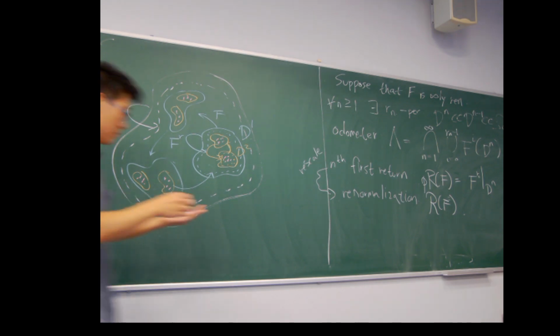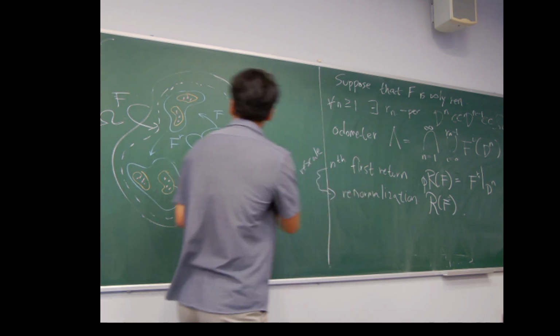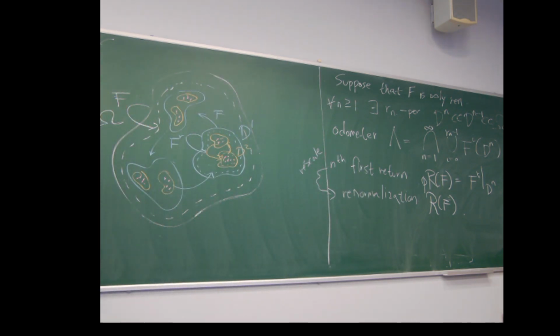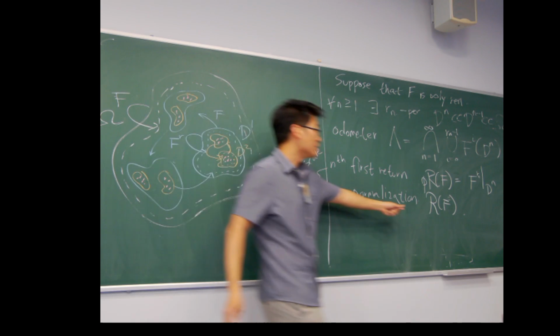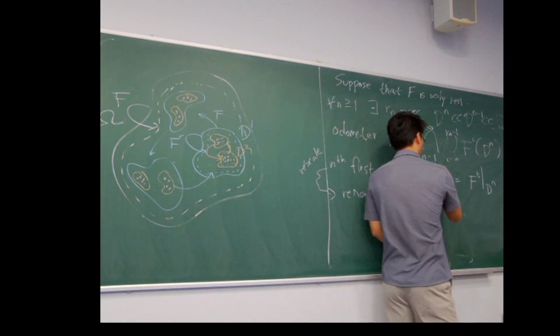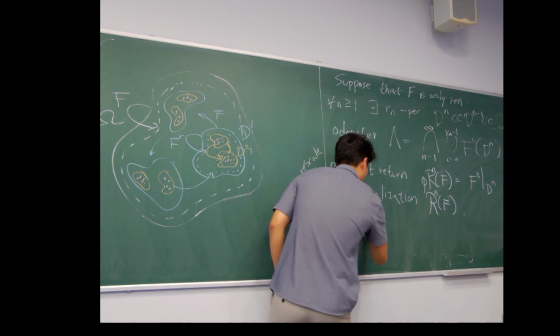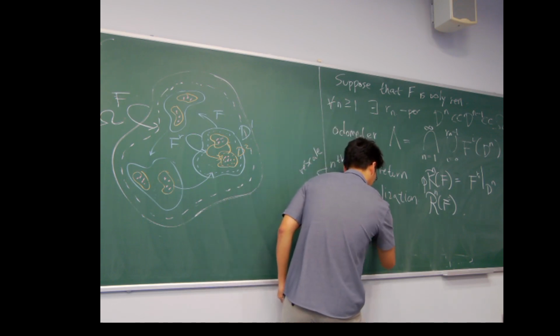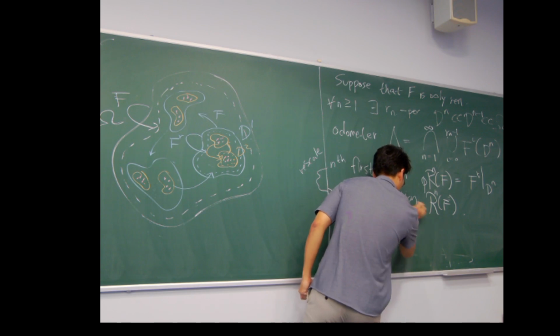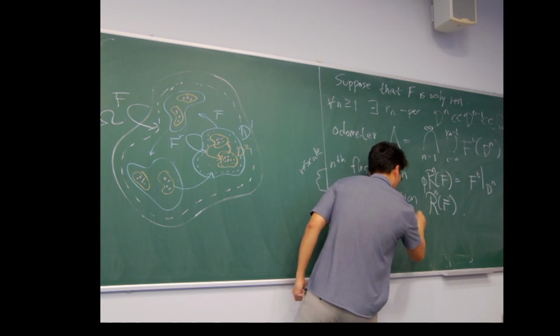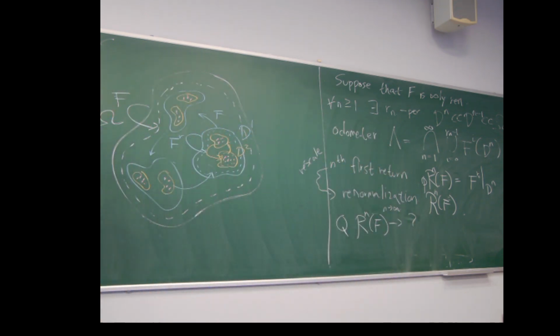Yeah? Okay, so like before, to understand the dynamics of the original map, we want to understand what happens to the sequence of deeper and deeper renormalizations. Okay, so the question is, as n goes to infinity, what happens to the sequence of renormalizations?